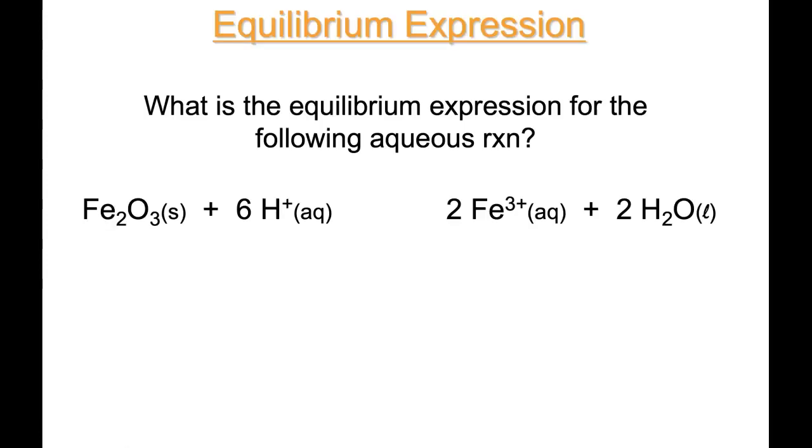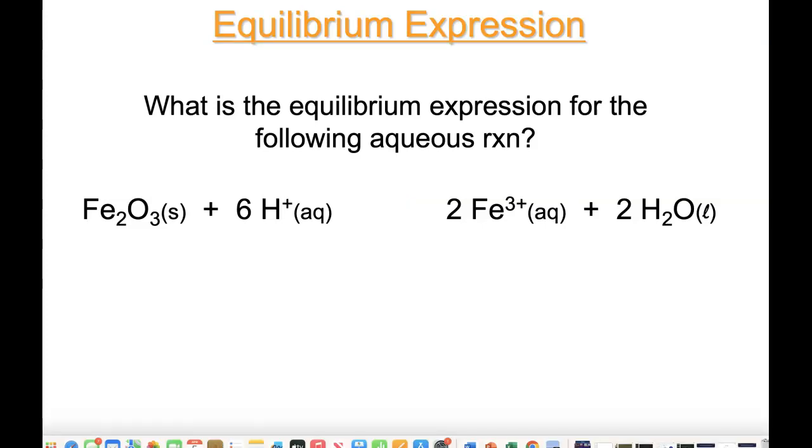You do need to be able to write equilibrium expressions. So take a moment with this reaction right here and see if you can write this equilibrium expression. So how did you do with writing the equilibrium expression?